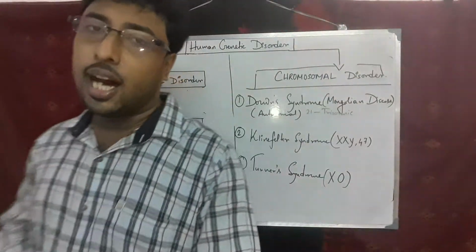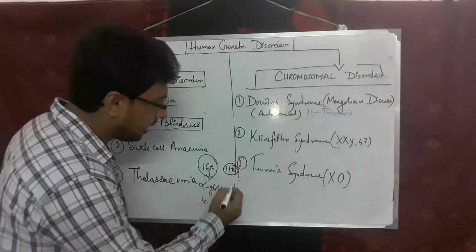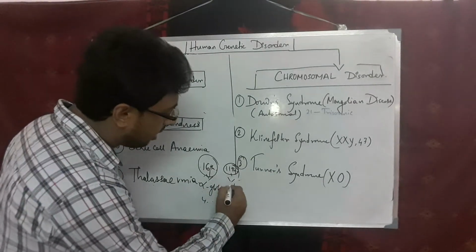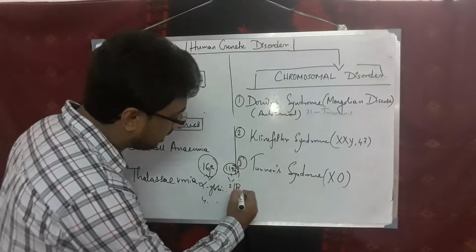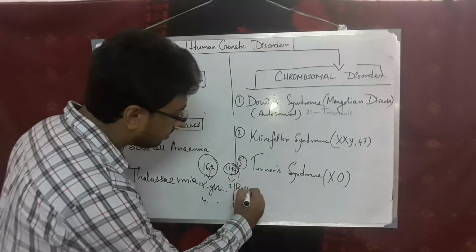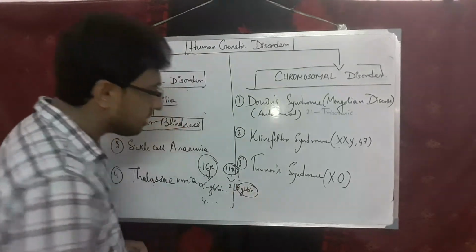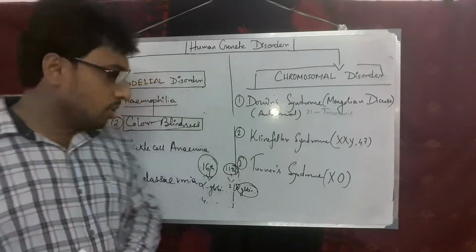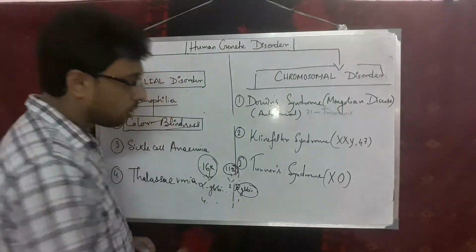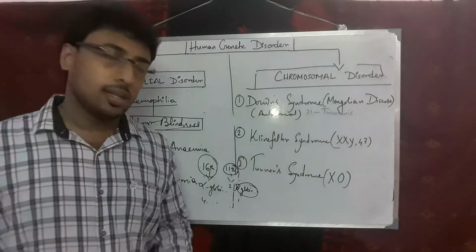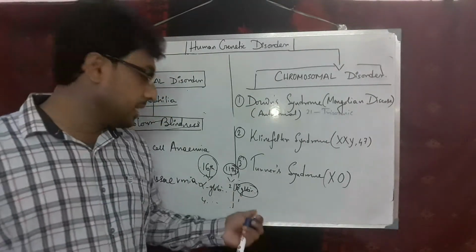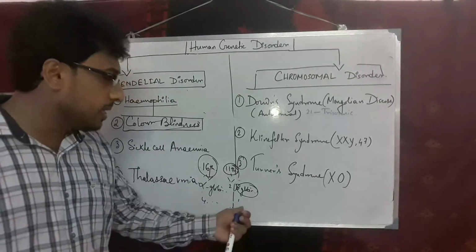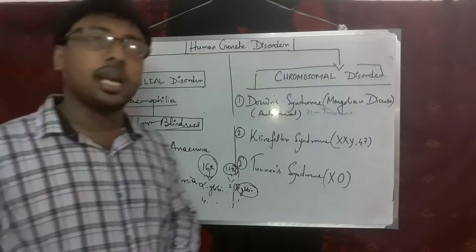Similarly, for the beta globin chain, in chromosome number 11, there are two beta globin genes. Now if there is any problem forming the beta globin gene, so if by mistake there is only one beta globin gene or zero, the beta globin gene has not formed here, there will be the disease beta thalassemia.